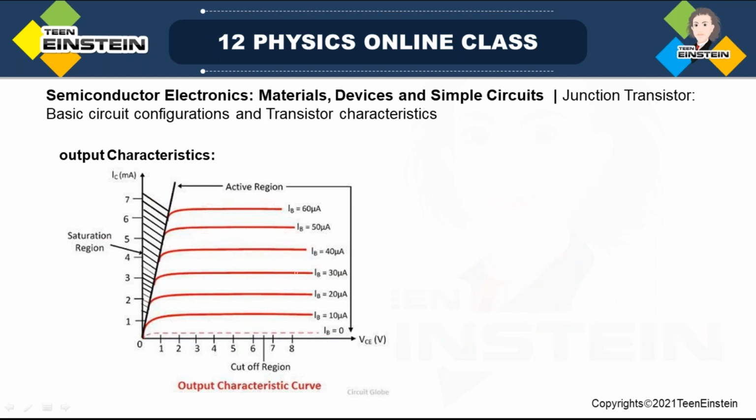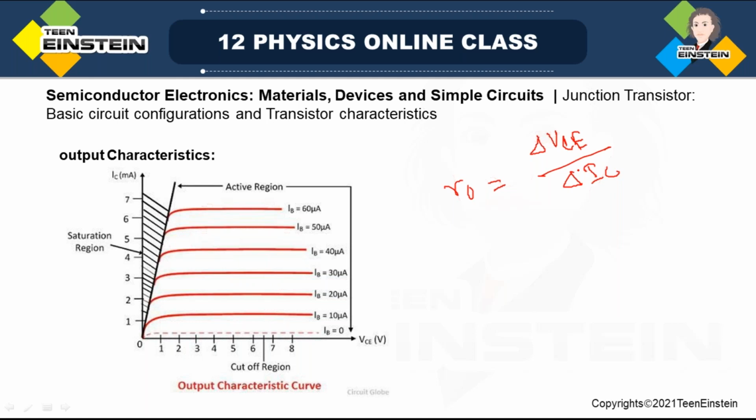Now in the transistor characteristics, as I said, the linear portion of the curve can be used to define or calculate output resistance. So output resistance here is delta VCE divided by delta IC, the change in the collector emitter voltage to the change in the corresponding collector current.